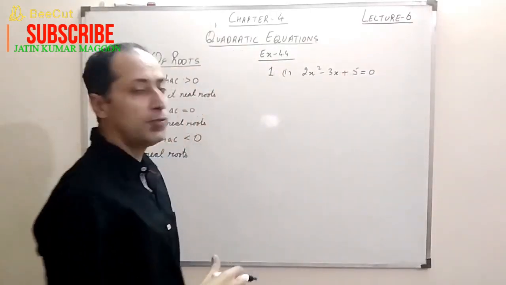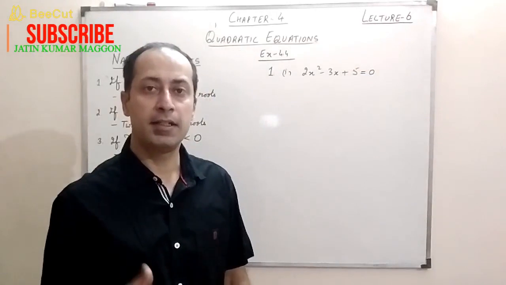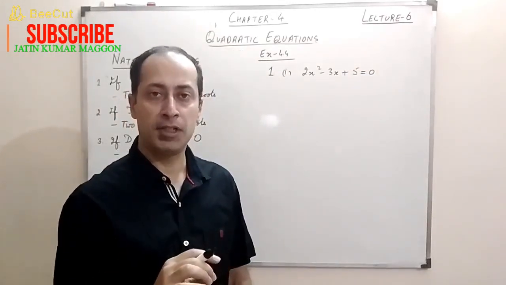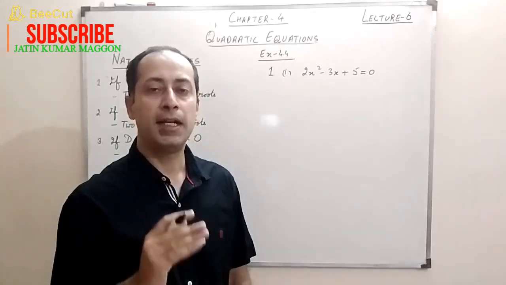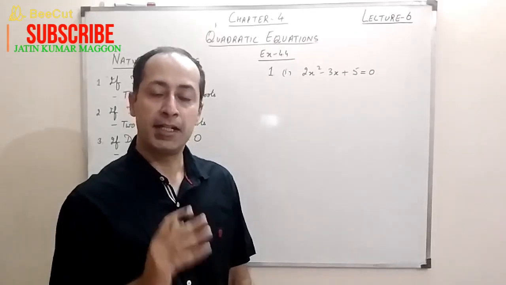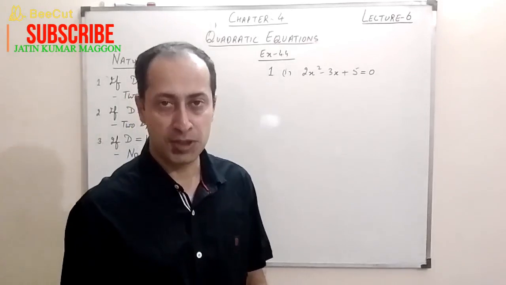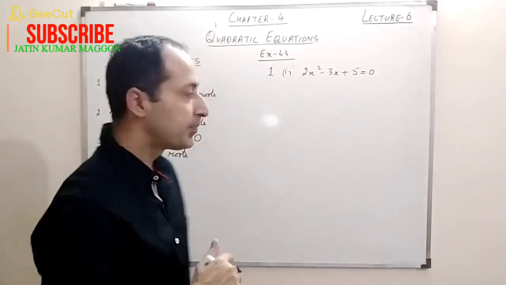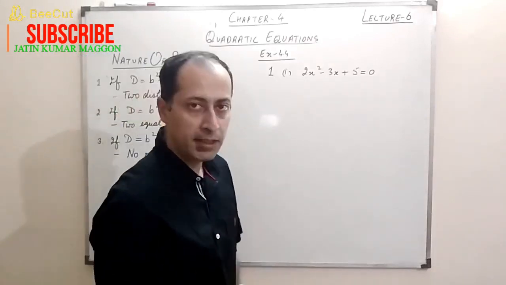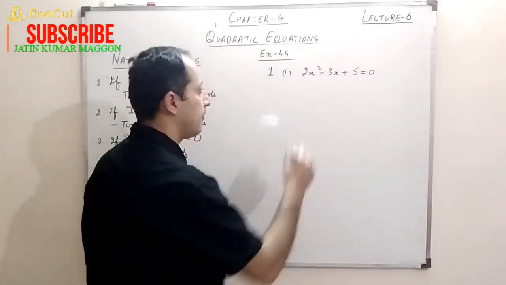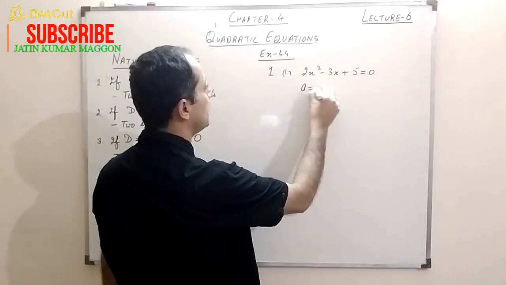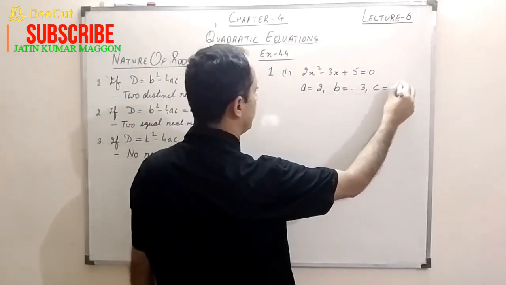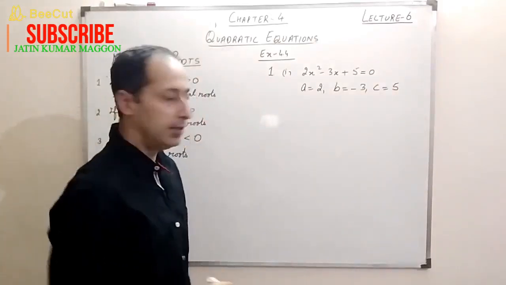Now, how do we find the discriminant? Before that we should compare the given equation with the general form ax square plus bx plus c equals 0 and write the values of a, b and c. What we get is a equals 2, b is minus 3 and c is 5, right?